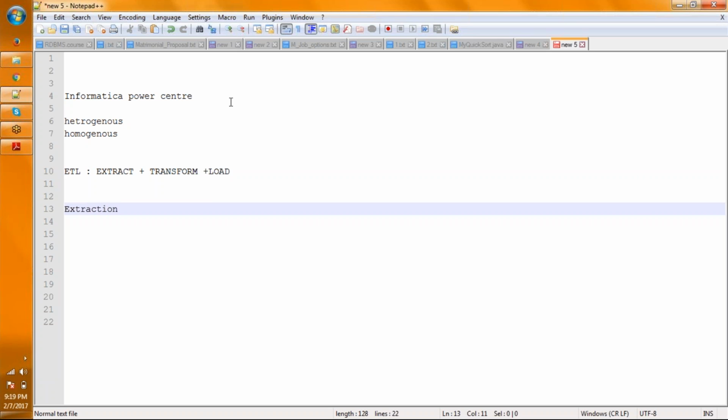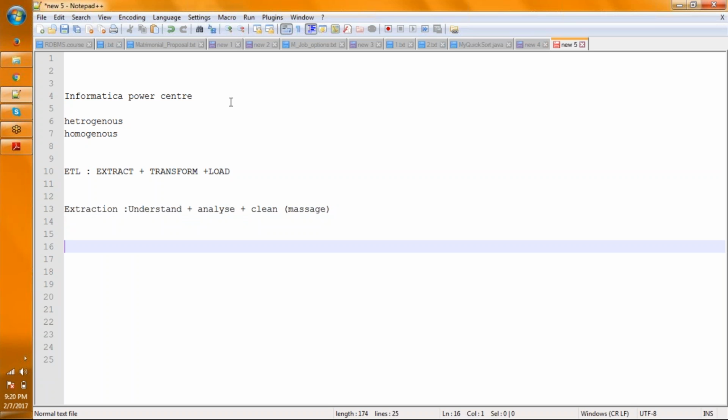So what are the steps in extraction? Understanding, analyzing, and cleaning of source data. Sometimes it is called massaging of data. We are just getting our source data ready for being transformed.